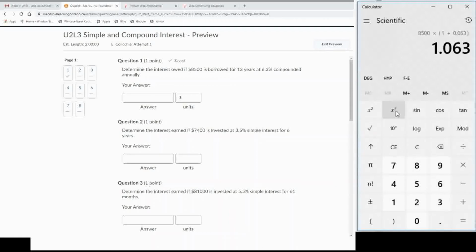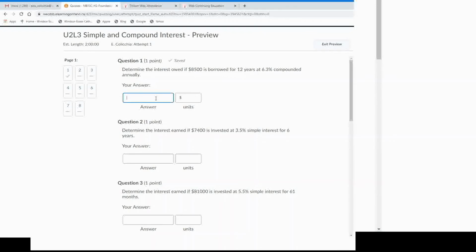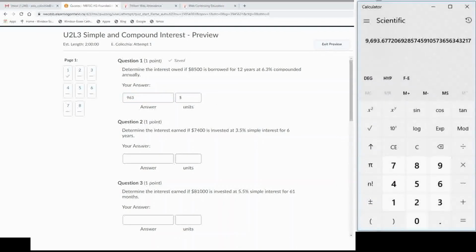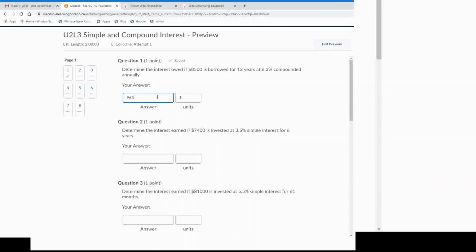So close that to the power of the 12. So this is how much the investment would be worth. To find the interest owed, we have to subtract the 8,500. So it looks like we have 9693.68. So that's how you'd enter your answer with dollars here.